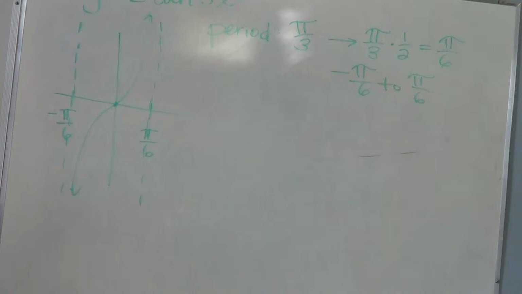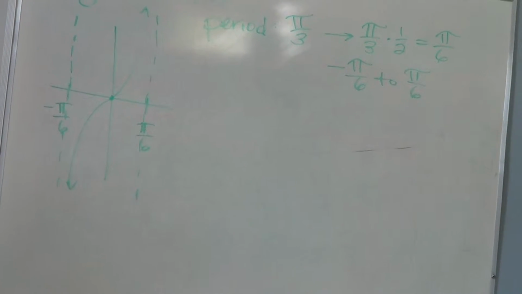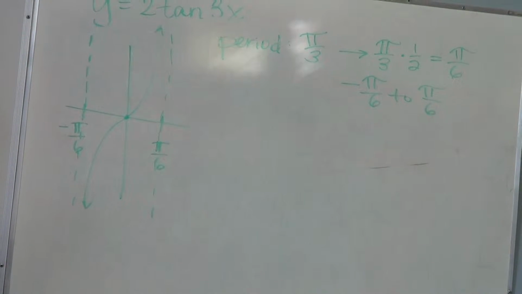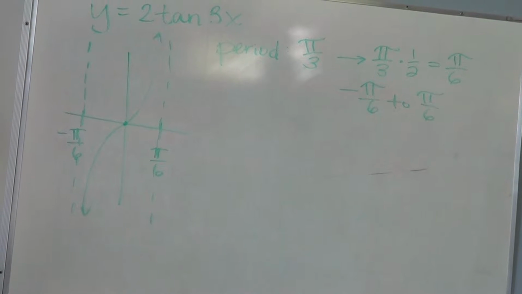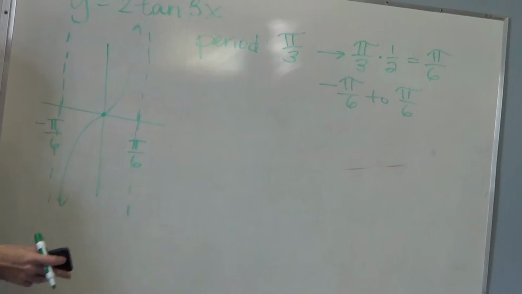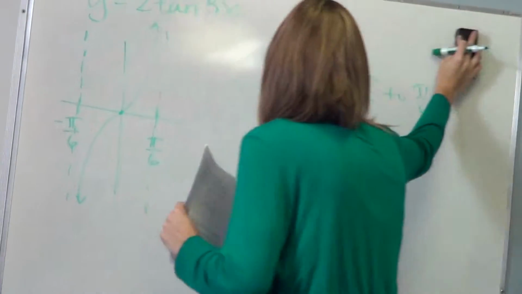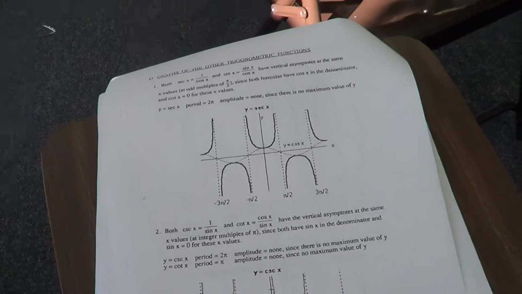Okay. What about the secant, cosecant, and cotangent? I don't think we did those. If you didn't do tangent, I'm guessing you probably didn't do those either. No, we did not do these.